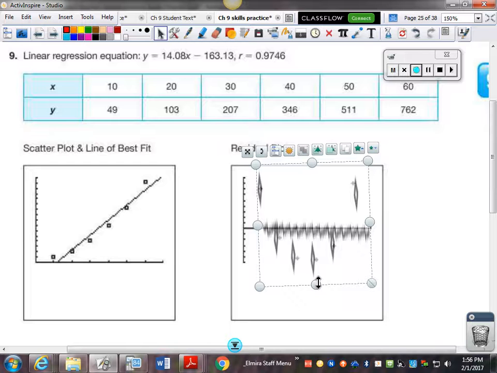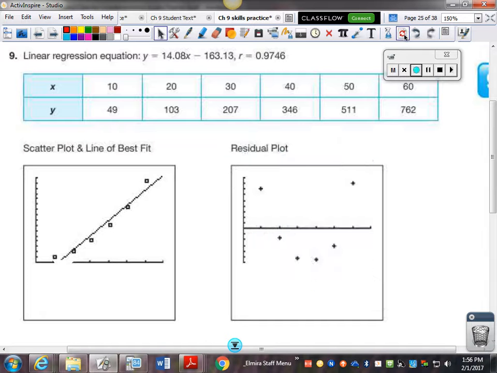Okay, so here's the gist of the second part of the assignment, 7 through 9. What you're asked to do is look at 3 pieces of evidence to determine whether your data is linear or nonlinear. The first piece of data you're looking at is the R value. A strong R value like 0.9746 would indicate a very strong likelihood of a linear relationship. And if I look at the graph, then I start to question things a little bit.